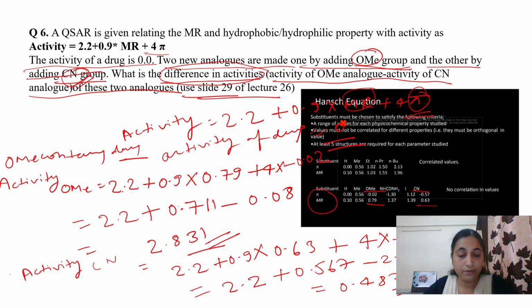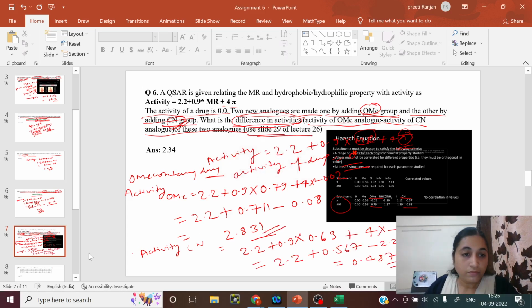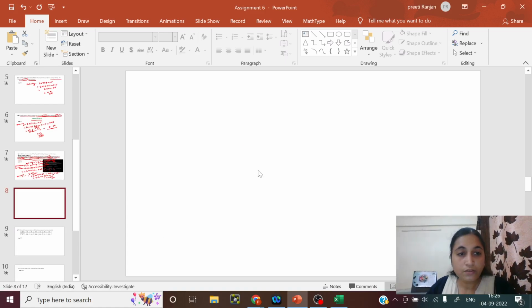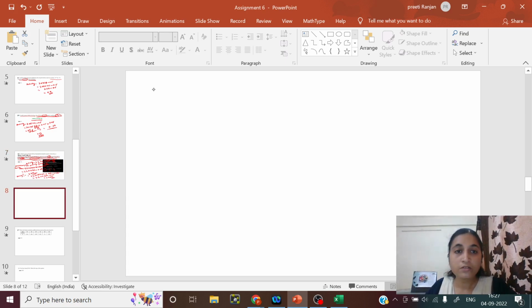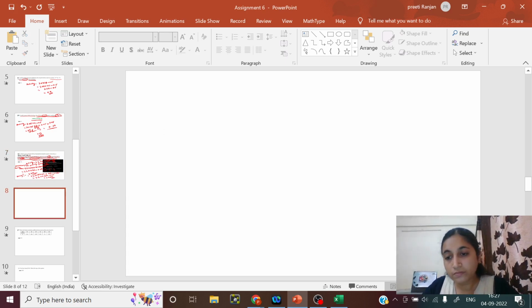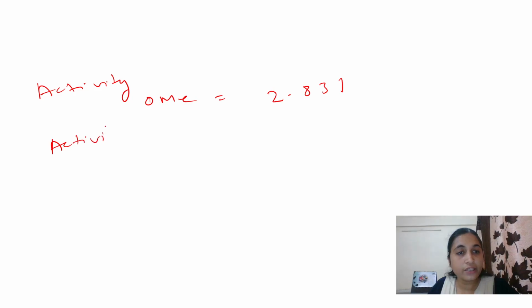Should I do in next slide? So here activity of OME came how much? 2.831, and here activity containing the CN group of drug came 0.487.